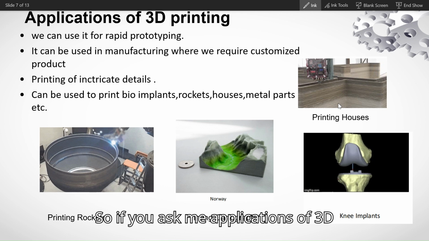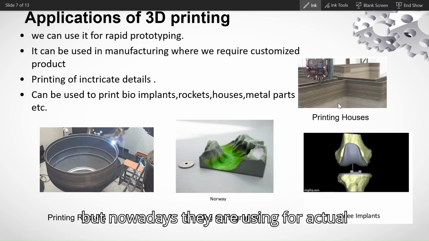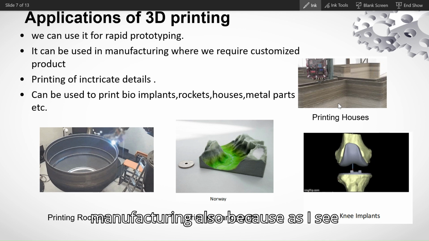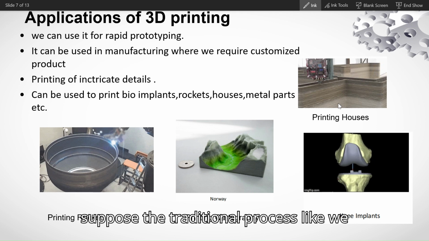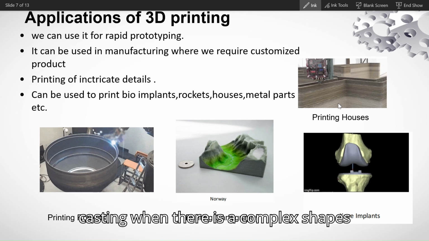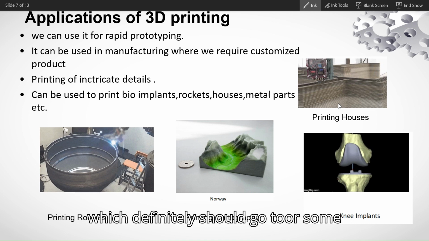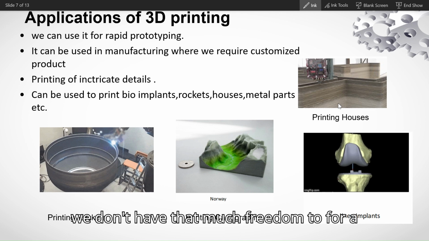If you ask me about applications of 3D printing, it is mostly for rapid prototyping, but nowadays it is used for actual manufacturing also. In traditional processes, we have machining, forming and casting. When there are complex shapes, we should go to casting, because we don't have that much freedom for a machining tool.